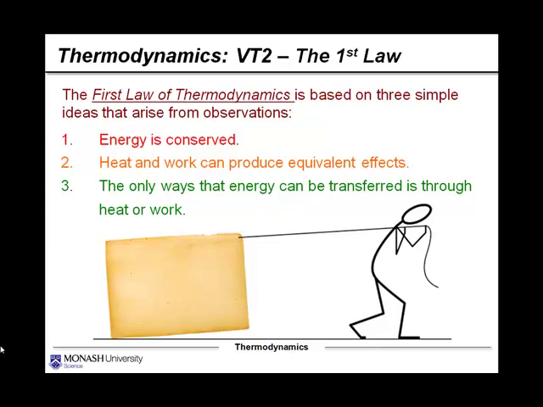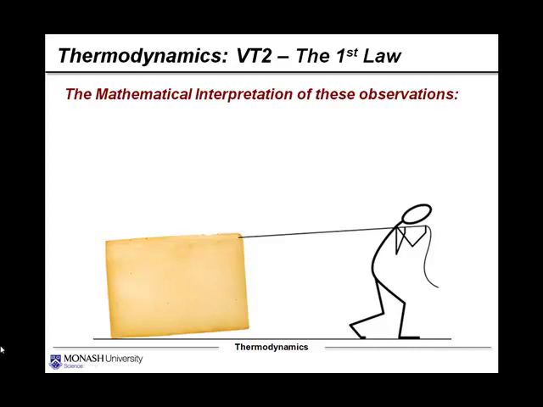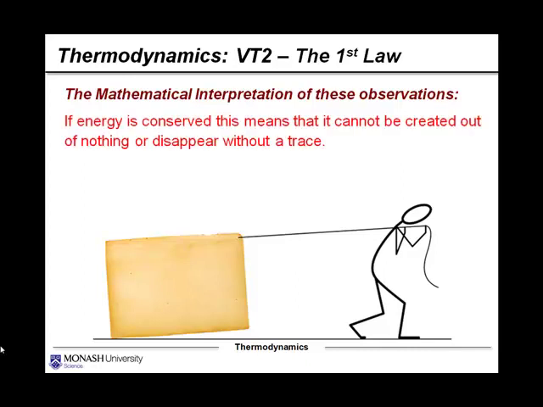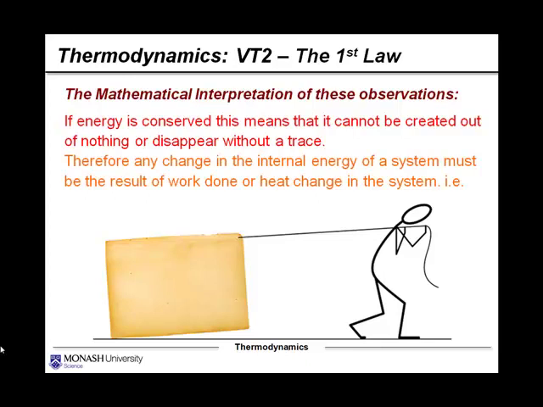And the other cornerstone of the first law of thermodynamics is based on the fact that the only ways that energy can be transferred is through heat or work. Okay, so let's think about this mathematically. If energy is conserved, this means it cannot be created out of nothing or disappear without a trace.